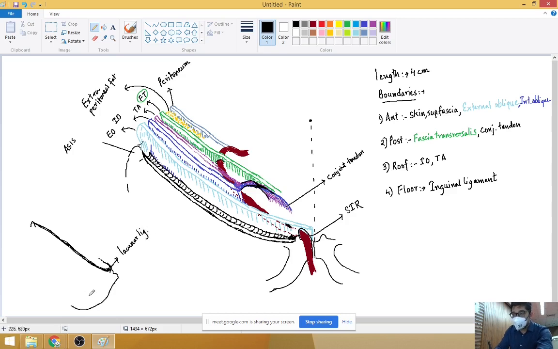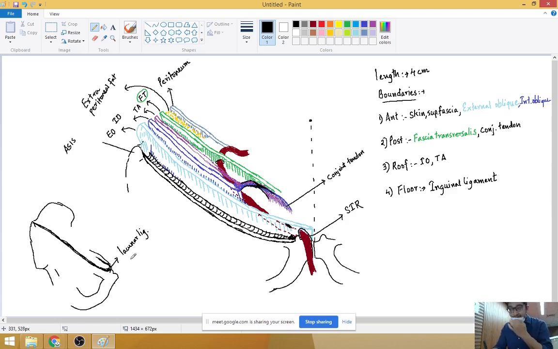The whole of the pubis is like this, isn't it? Anterior inferior iliac spine like this. Somewhere there is the pecten pubis, and the lacunar ligament is attached here. This is known as the pectineal reflection or the Cooper's ligament.